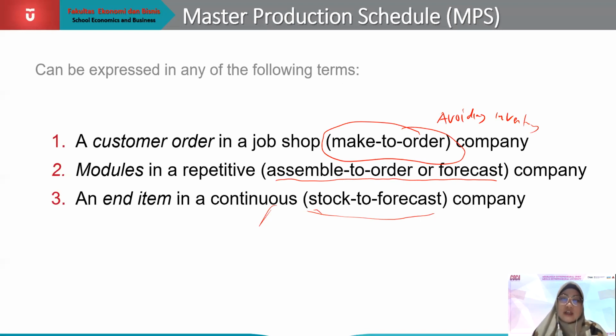So they closed a lot of Hero outlets in provinces all over Indonesia. Most of the stores are being closed because they cannot fight with this situation. That is the sad part, and that is an example of a company that uses stock to forecast.